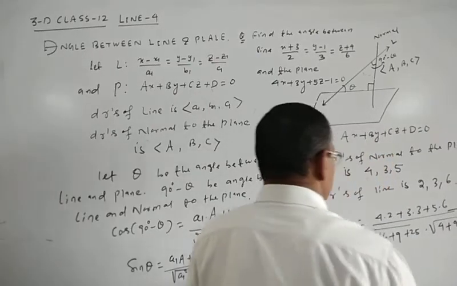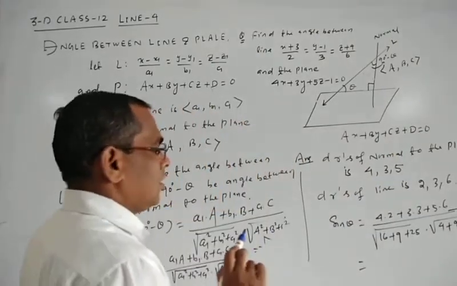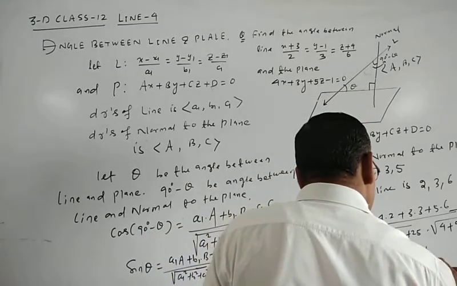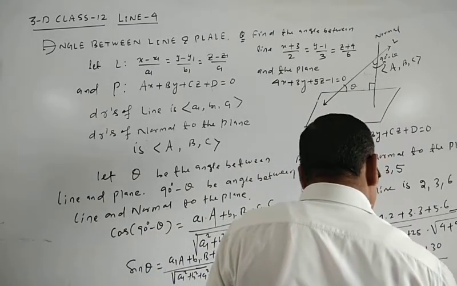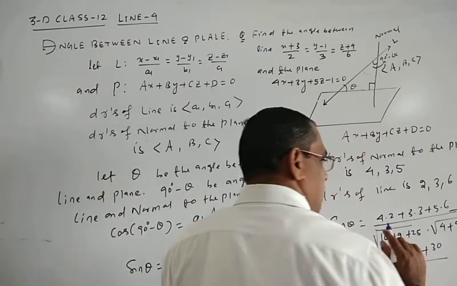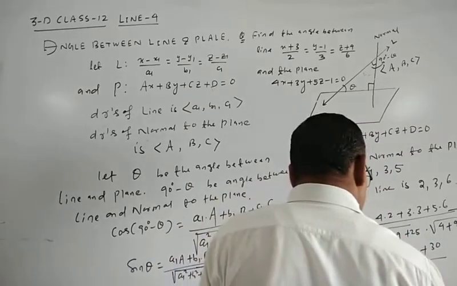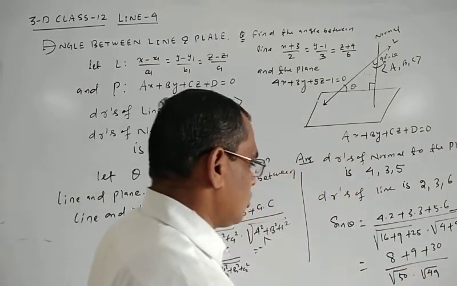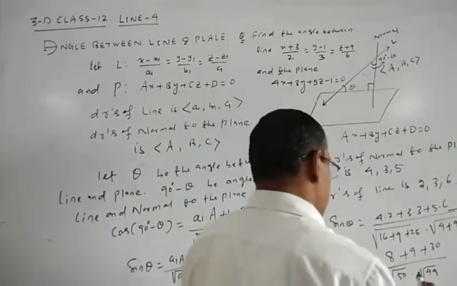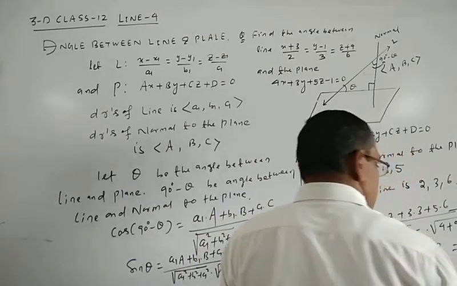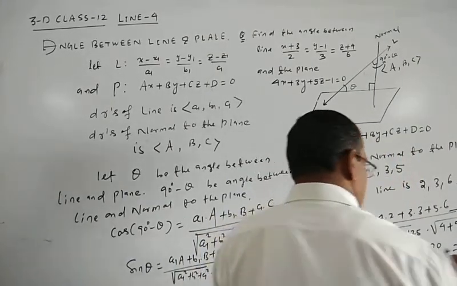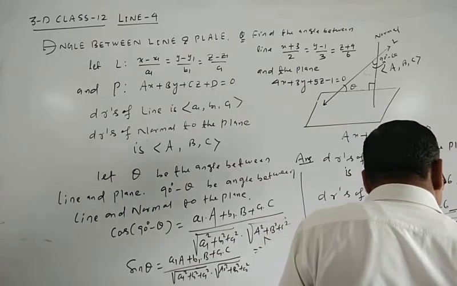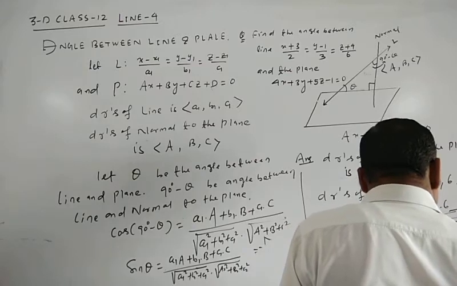Okay, so this is equal to (8 plus 9 plus 30) by root of (25 plus 25, root 50) into root 49. So this is equal to 47, since 8 plus 9 is 17, plus 30 is 47, by root 50, which is 5 root 2, into root 49, which is 7.